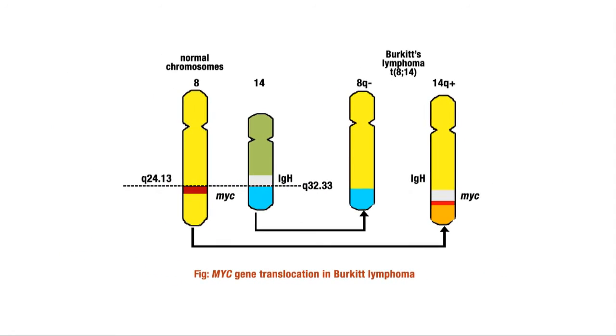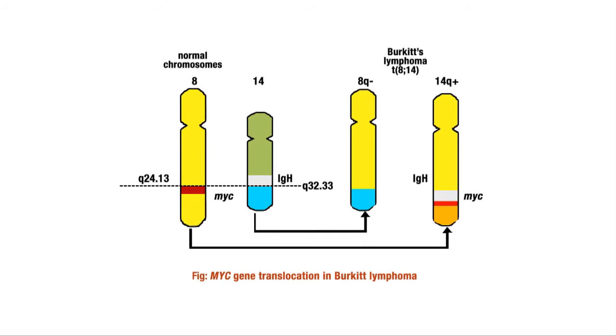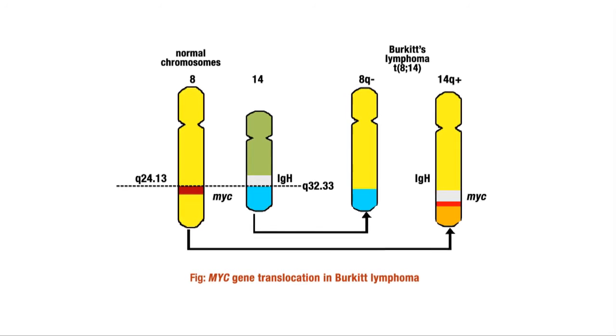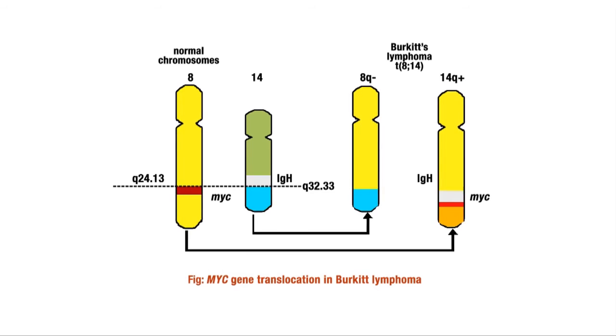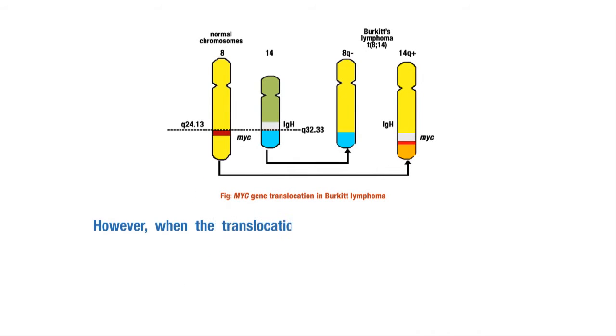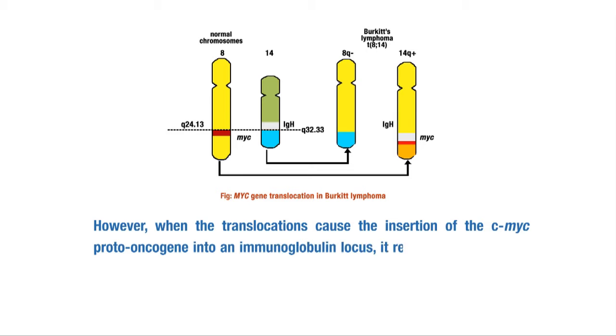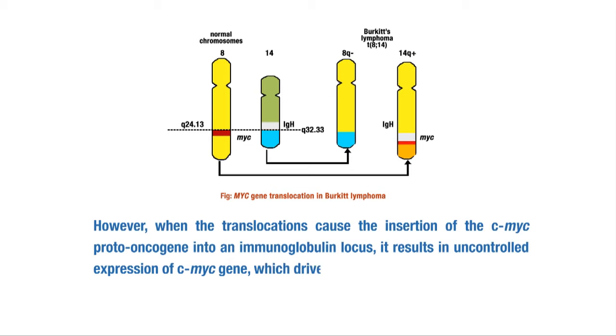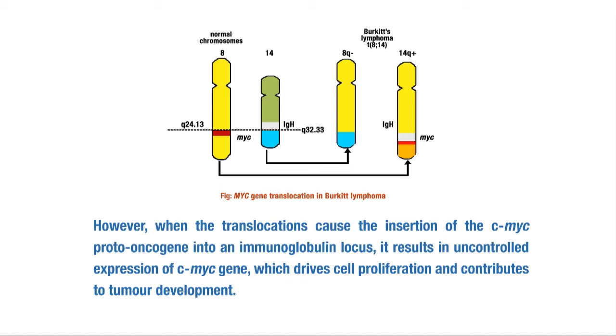The CMYC gene codes for a transcription factor that is normally induced in response to growth factor stimulation. However, when the translocations cause the insertion of the CMYC proto-oncogene into an immunoglobulin locus, it results in uncontrolled expression of the CMYC gene, which drives cell proliferation and contributes to tumor development.